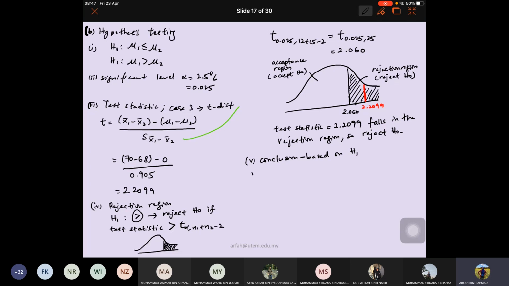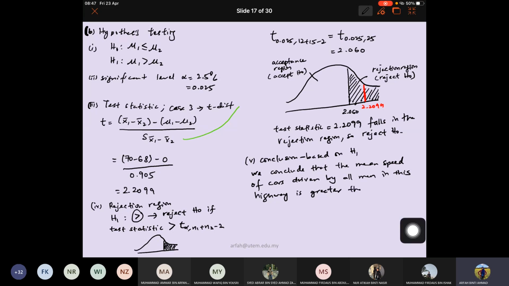So boleh kata we conclude that the mean speed of cars driven by all men in this highway is greater than that of cars driven by all women drivers.